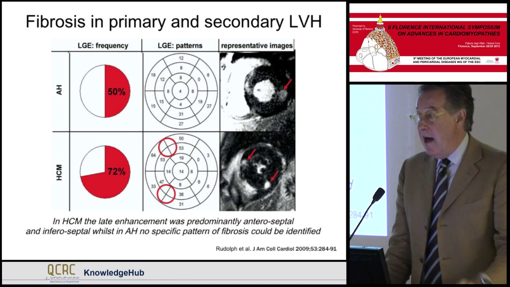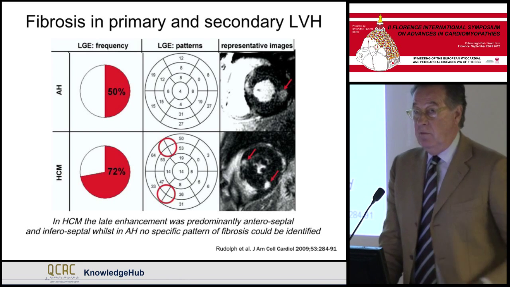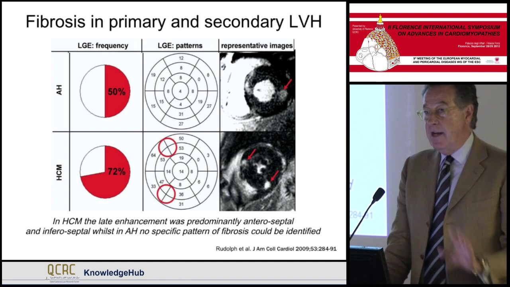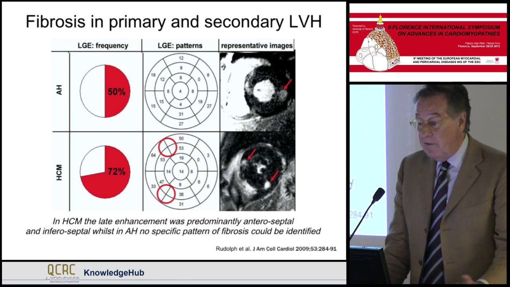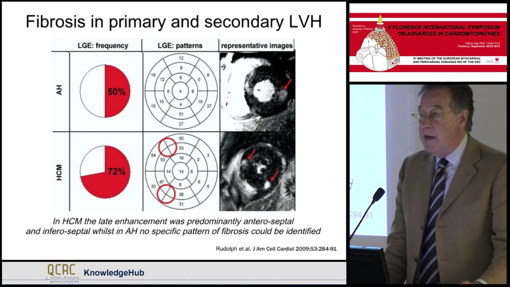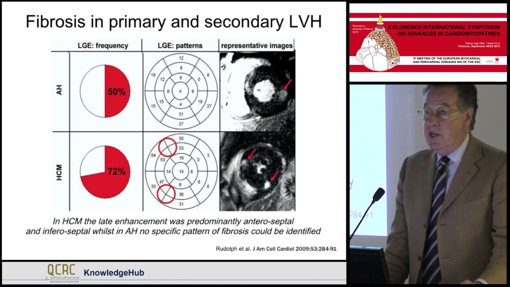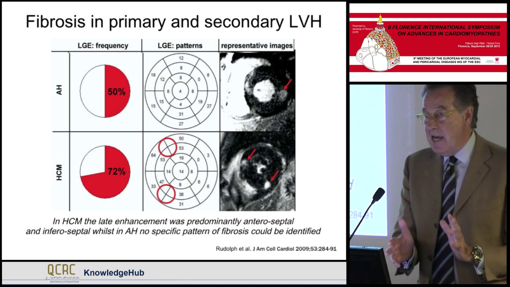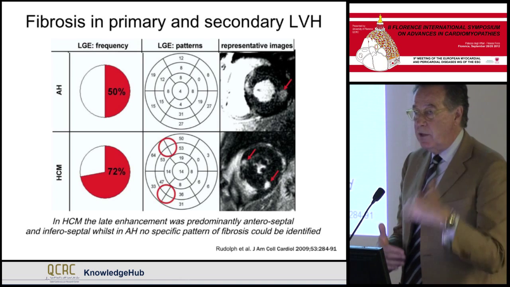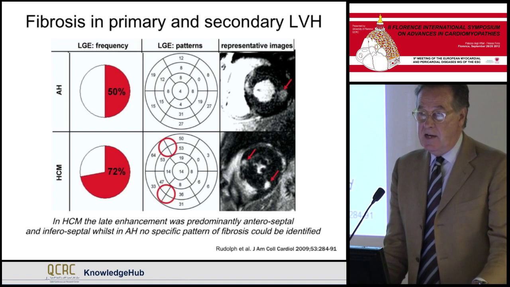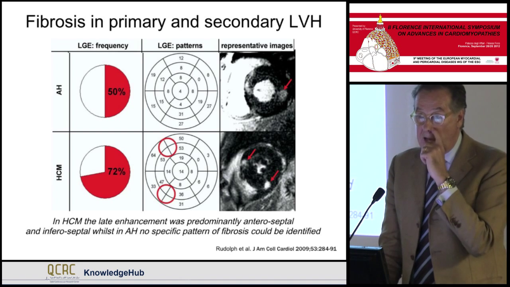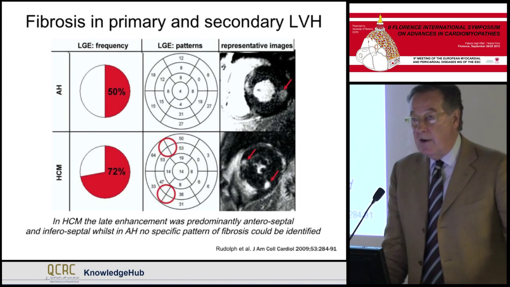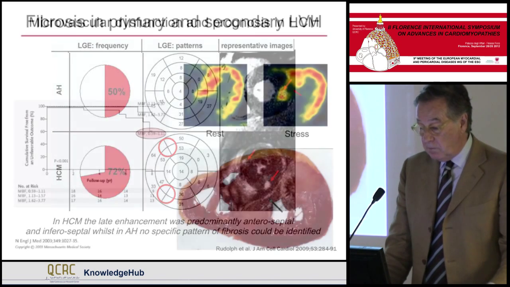They found, and this goes well with what we have seen, that 70% of HCM patients had LGE, but 50% of patients with hypertension had LGE as well. Again, I can't tell you how many had CAD, but a good proportion, I'm sure, did not. So in this case as well, my assumption is that LGE is somehow a correlate of microvascular dysfunction.